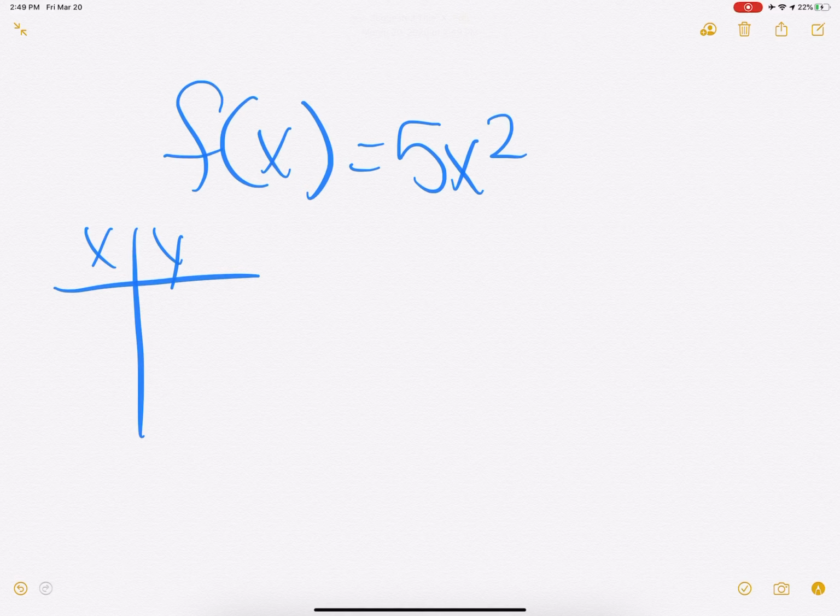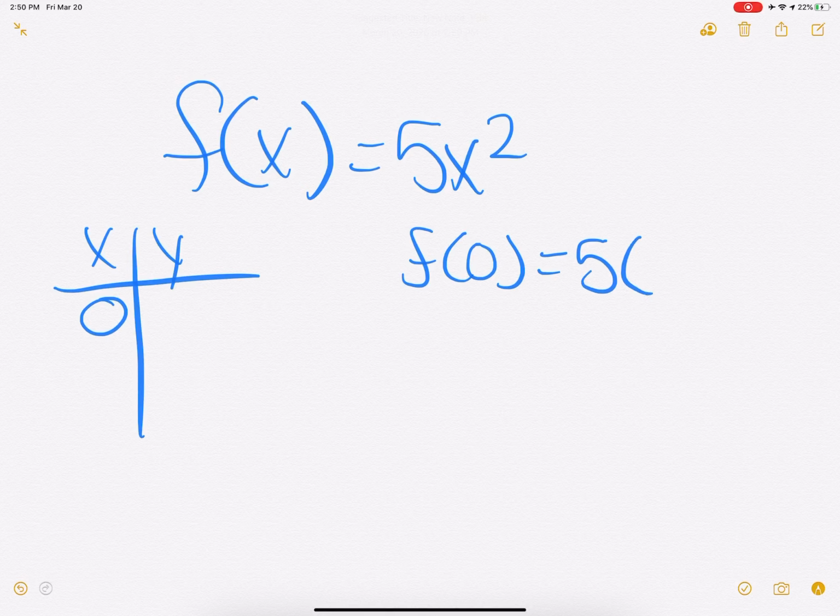Okay, so our first value for x will be 0, okay? And if I plug in 0 for x, f of 0 equals 5 times 0 squared. Remember, f of x always equals y. It is the same thing, right?